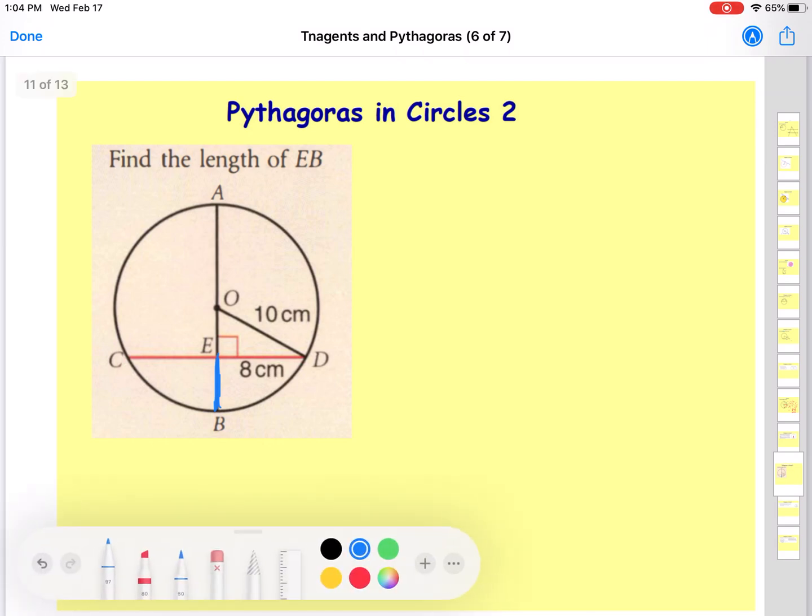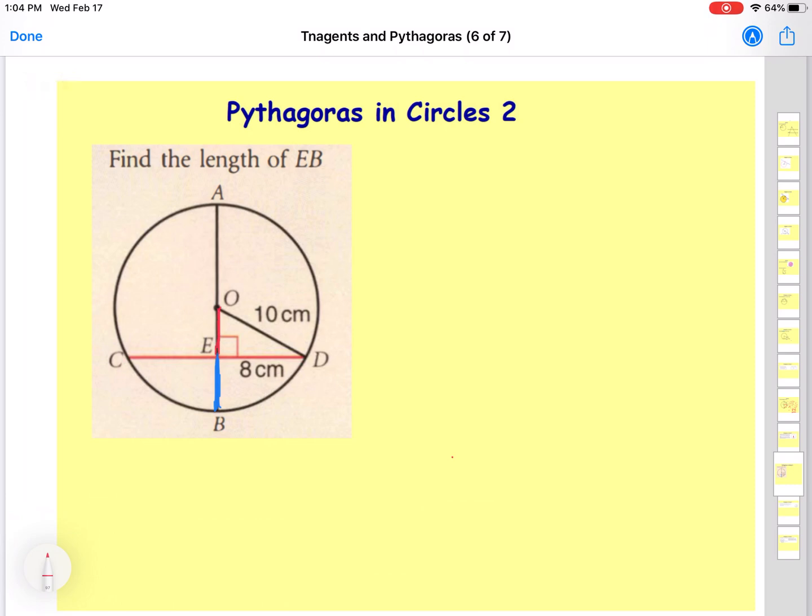However, what we are given is a triangle which contains the lengths OE, ED, and OD. That's a right angled triangle. As you can see, the radius of this circle is 10 centimetres, meaning the full length from O to B has to be 10 centimetres.